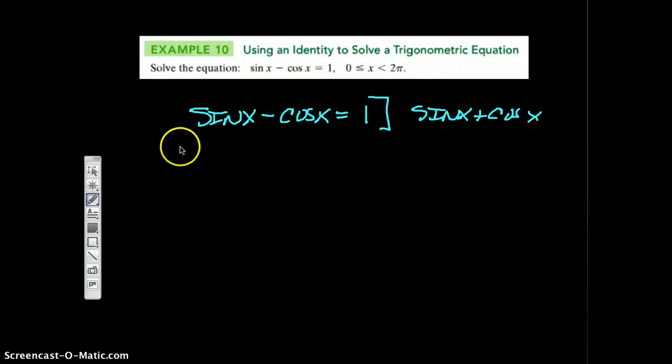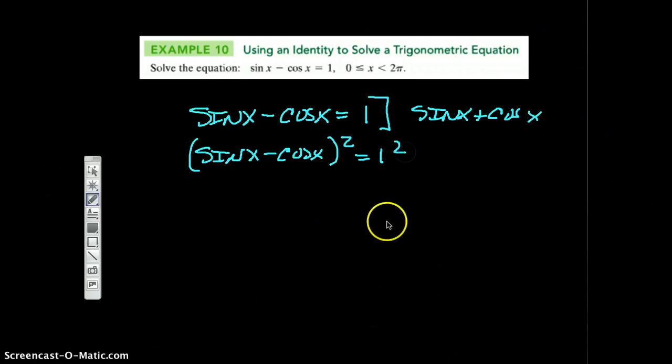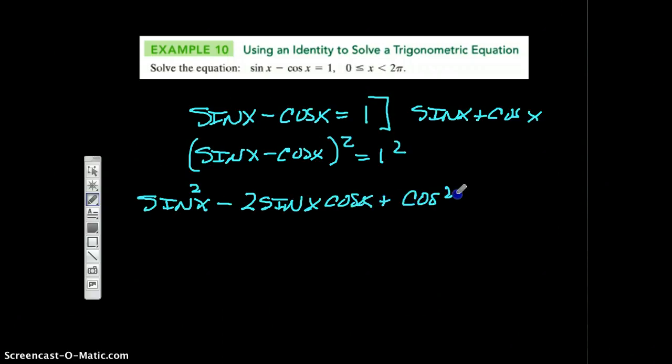What if I squared both sides? If I square both sides here, I would have sine x minus cosine x squared is equal to 1 squared. Now what's this going to give us? This is going to give us sine squared x minus 2 sine x cosine x plus cosine squared x is equal to 1.